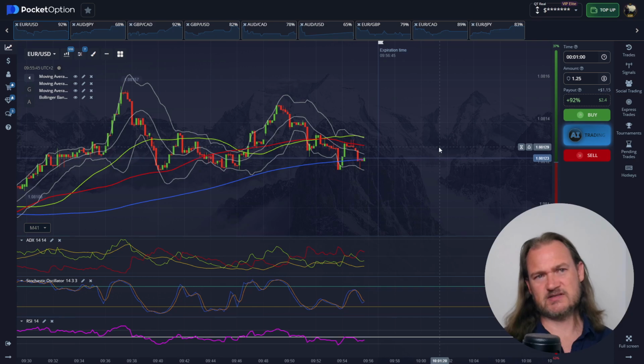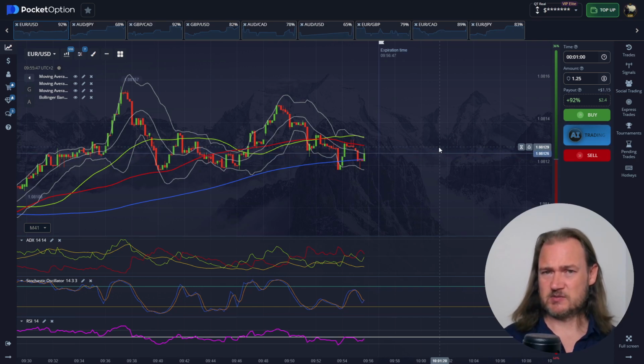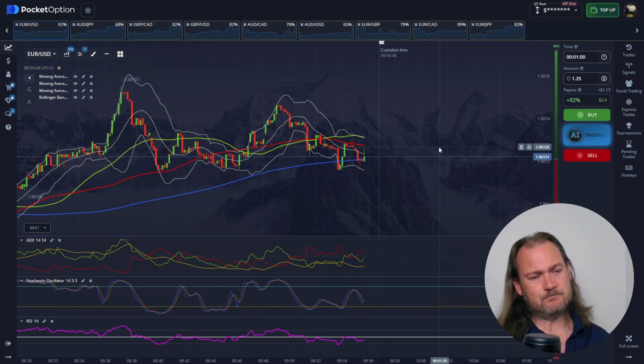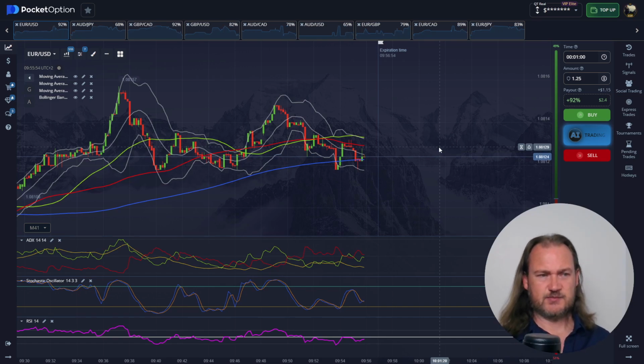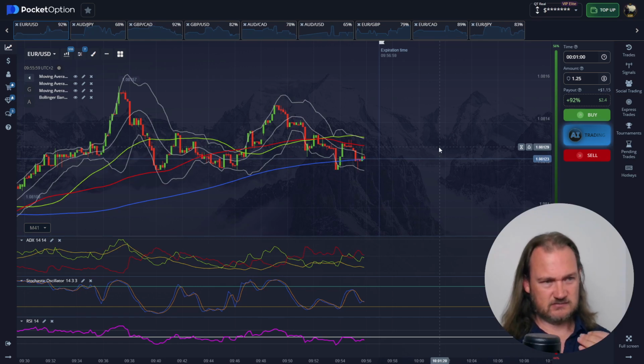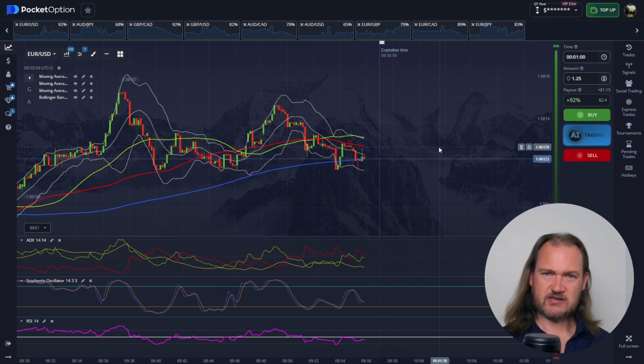Important takeaway from this is the money management I explained earlier. This is how I trade. I use a percentage of my capital, and then I trade very aggressively with that small percentage.